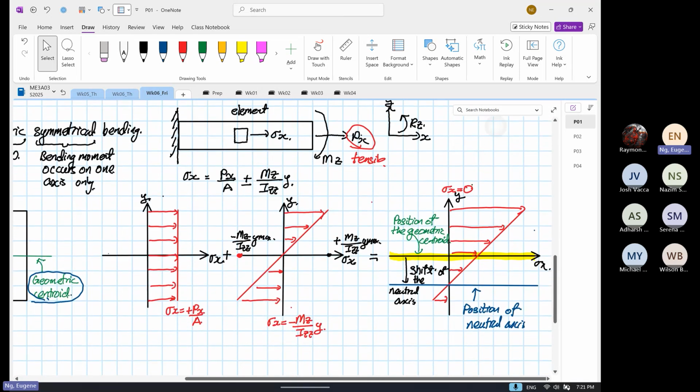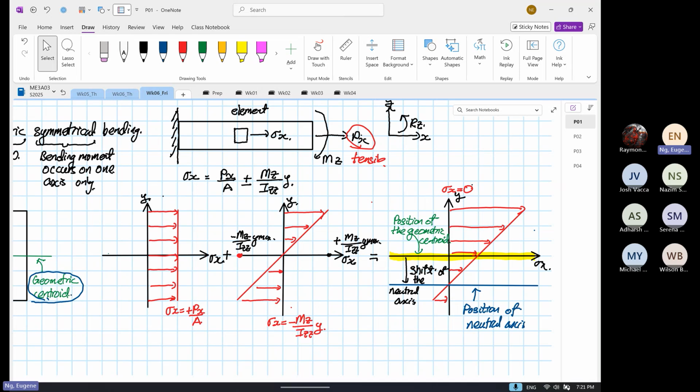Under this situation, there's a shift of the neutral axis away from the geometric centroid. So a lot of times textbooks even make the same mistake. They say determine the neutral axis, determine the geometric centroid.